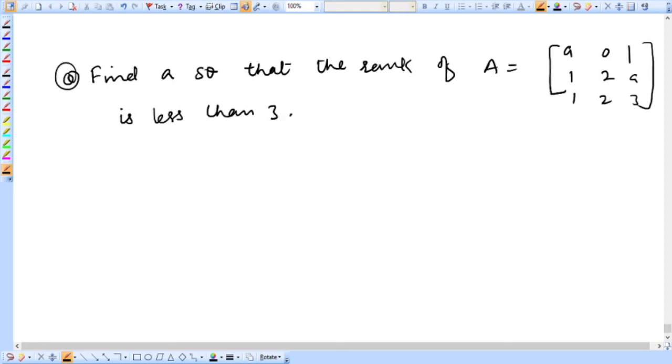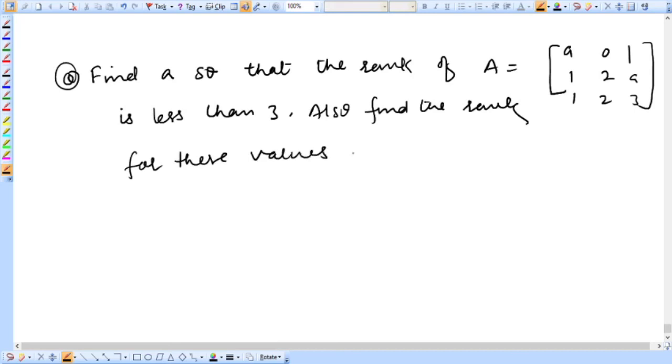Also find the rank for these values of a.